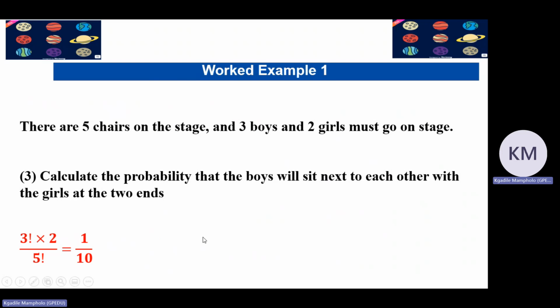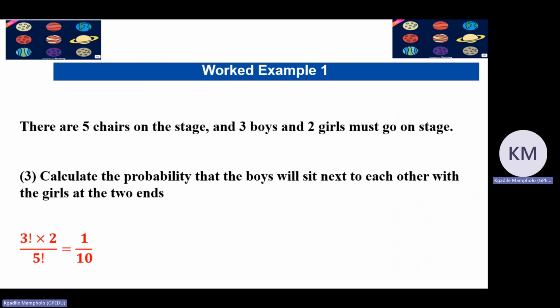But if they say the boys together, girls together, we'll say 3 factorial times 2 factorial, which is for girls, times 2 factorial for two different arrangements. Boys can be on the left, girls on the right, or vice versa.